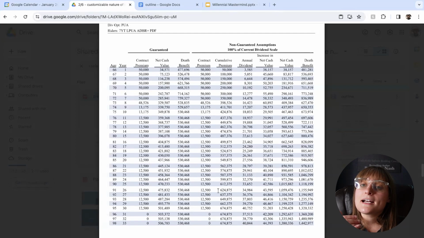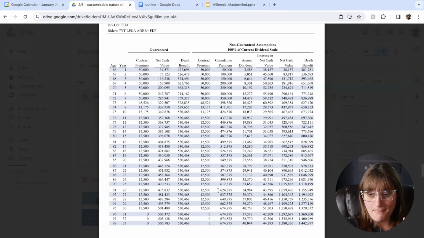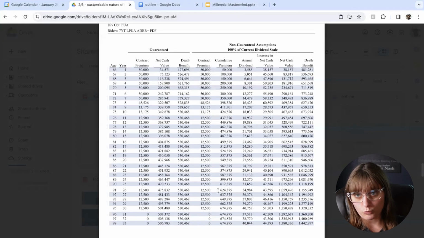So Brent, because he's older, he's getting into those retirement passive years of his living, he's going to want more of that immediate cash value access to the policy. So that's why I designed it more so like 25 to the base and 75 to the paid up addition riders.